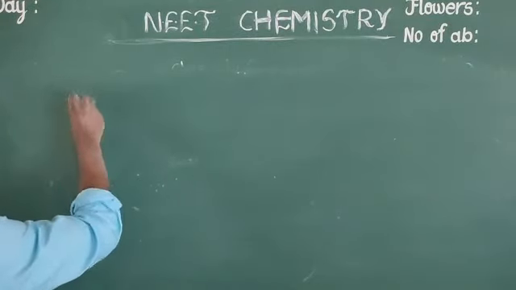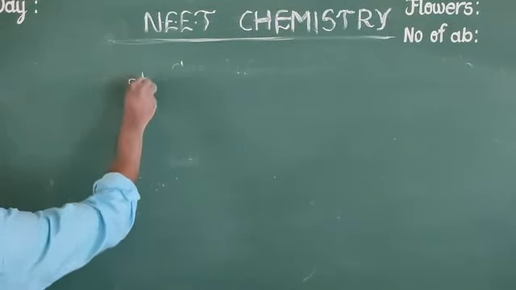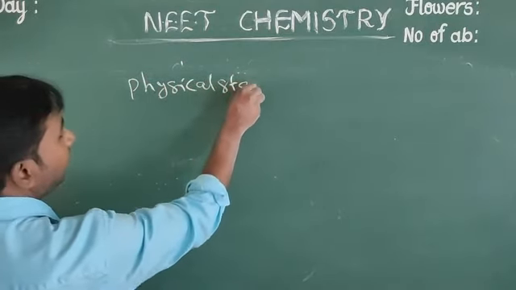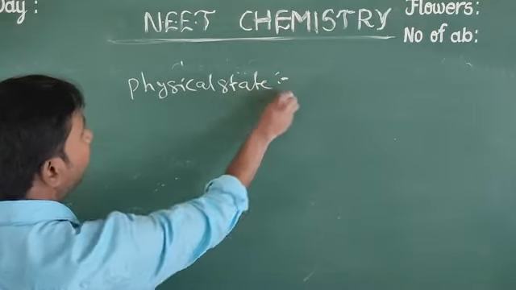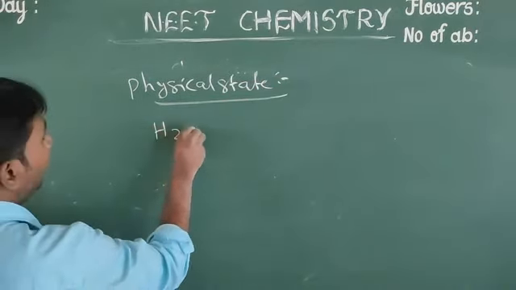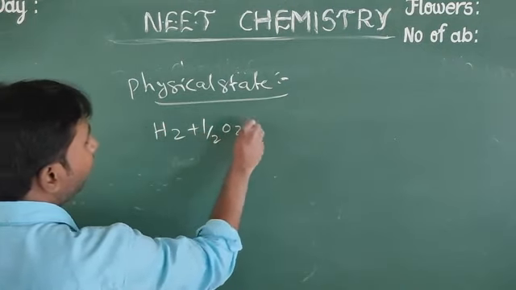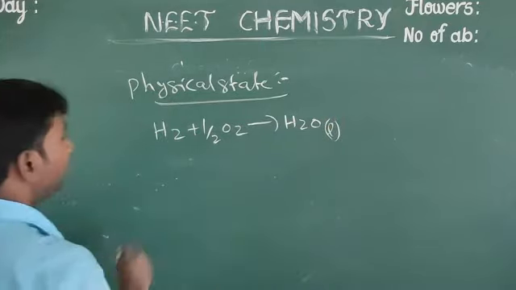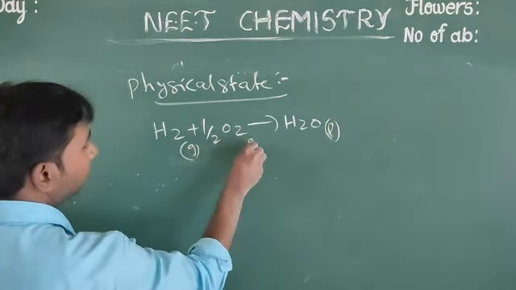Next one, physical state. Physical state also influences the heat of the reaction. For example, H2 plus half O2 gives H2O liquid, here the reactants are gas.